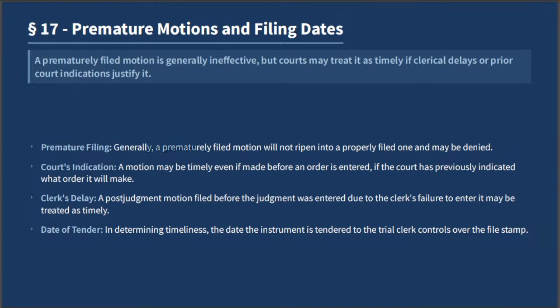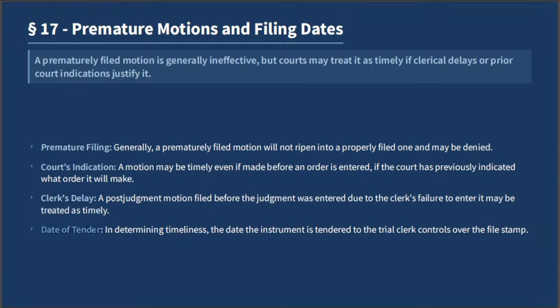Premature filing. Generally, a prematurely filed motion will not ripen into a properly filed one and may be denied. Court's indication: a motion may be timely even if made before an order is entered, if the court has previously indicated what order it will make. Clerk's delay: a post-judgment motion filed before the judgment was entered, due to the clerk's failure to enter it, may be treated as timely.